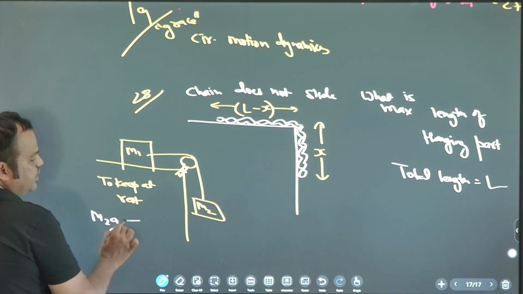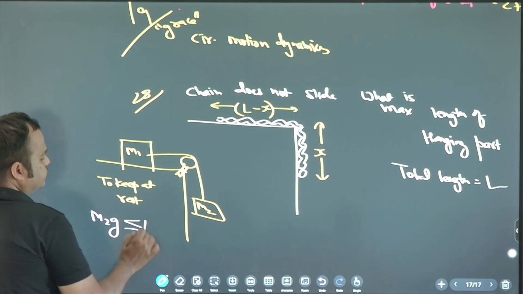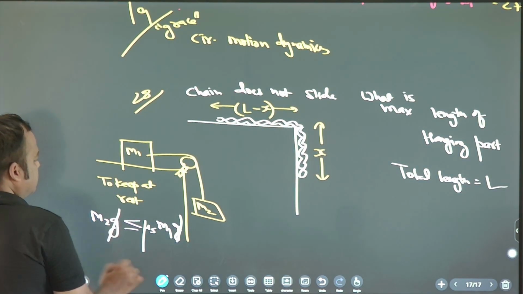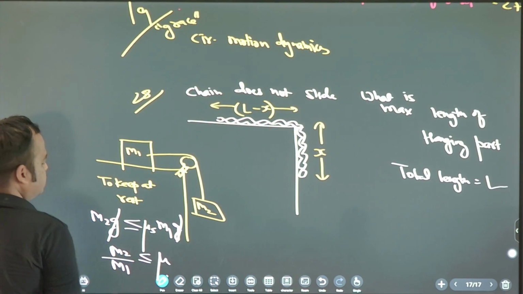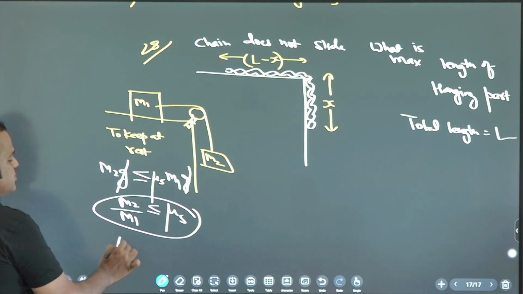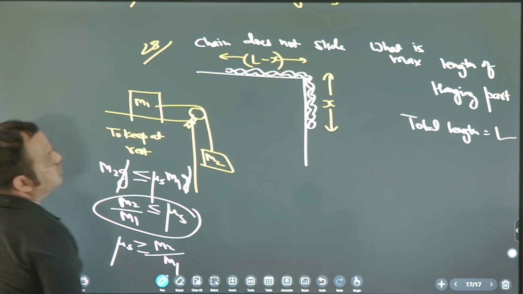M2 g must be less than or equal to mu M1 g. So M2 by M1 must be less than or equal to mu. This is the condition, correct? Or mu must be greater than or equal to M2 by M1.